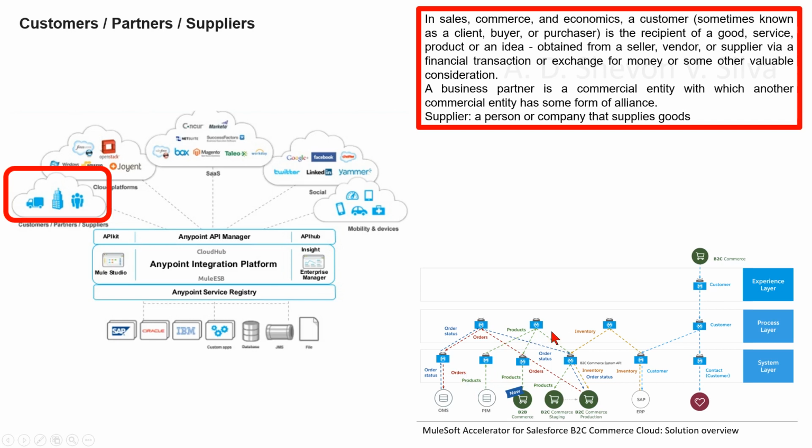Products process API. The products process API syncs PIM product updates into B2C commerce. This API provides a scheduler to trigger the job and orchestrate products from the product information management system to B2C commerce.